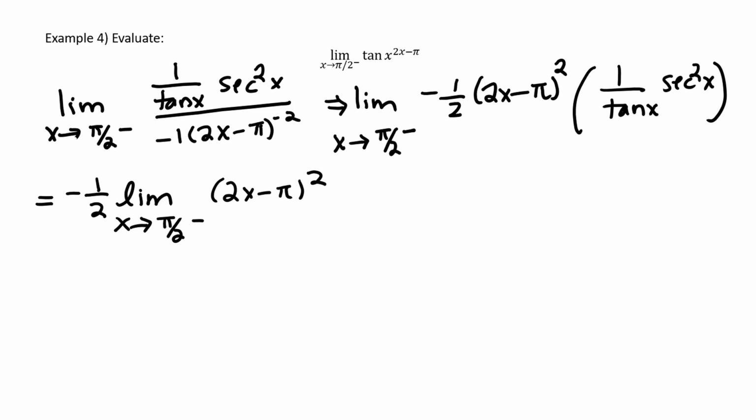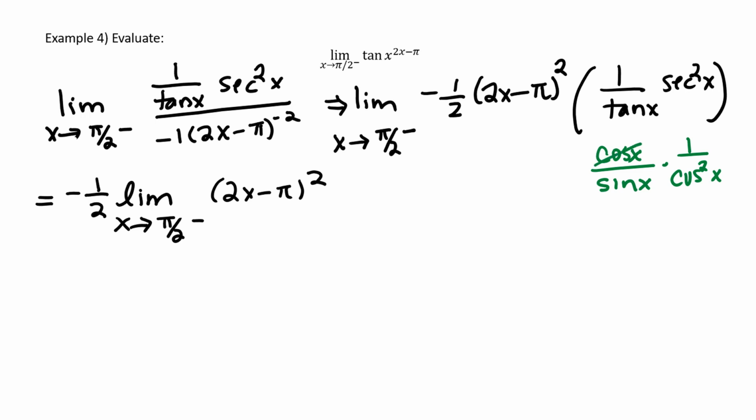Let's do a little bit of trig to clean it up. Let's simplify the 1 over tangent x times secant squared x. And I'll do that by changing everything to sine and cosine. So 1 over tangent x I can re-express as cosine x divided by sine x. And secant squared x I can re-express as 1 over cosine squared x.